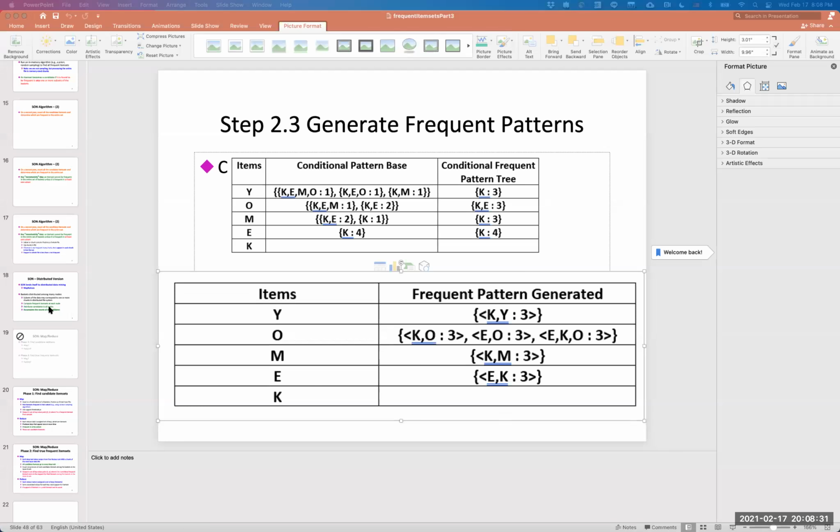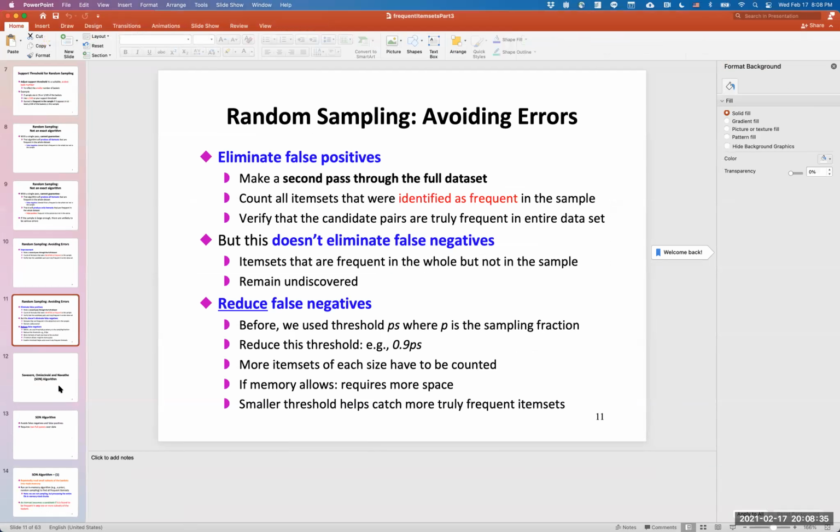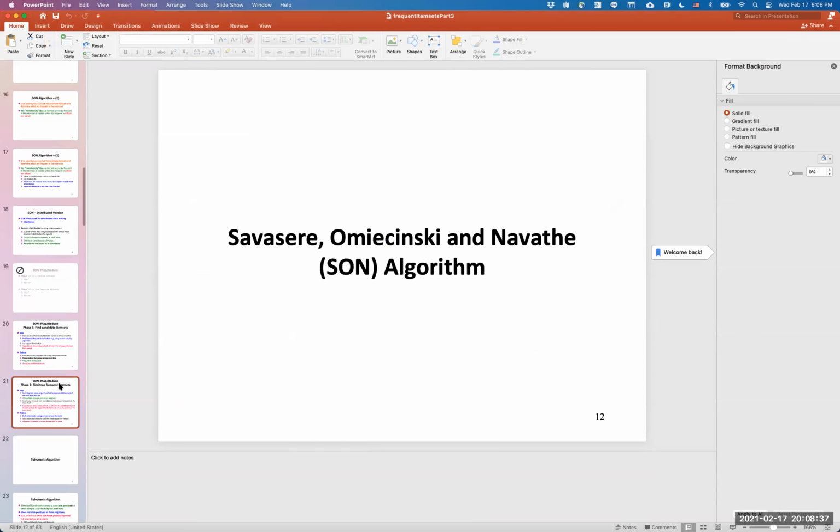Hi, Professor. Can you go to the conditional frequent pattern tree again? Besides the solid lines we create, like in a trie, how do we build those dotted lines?